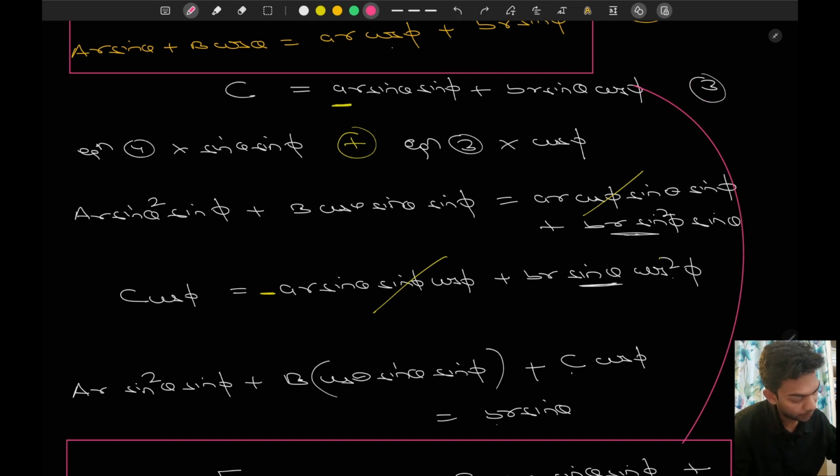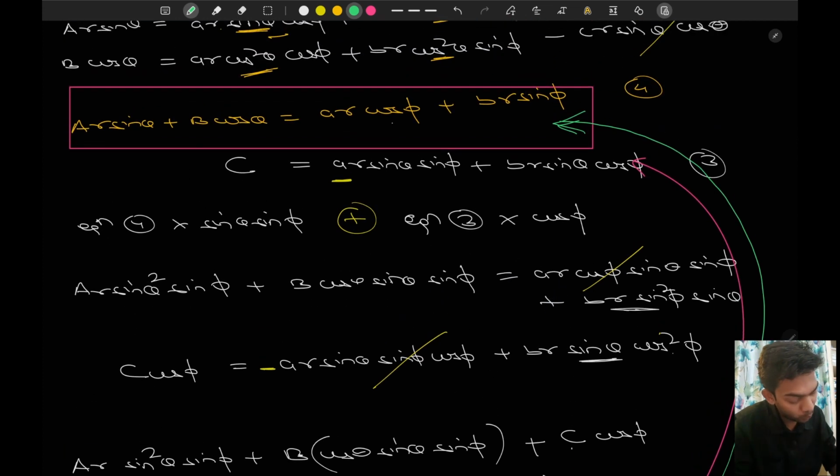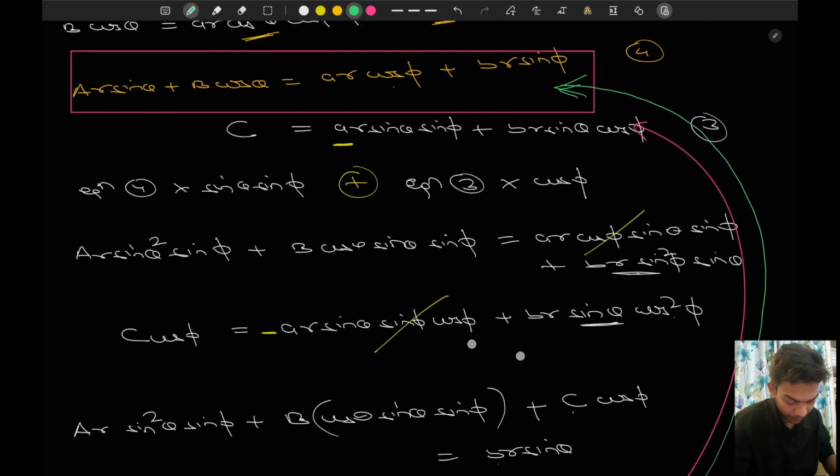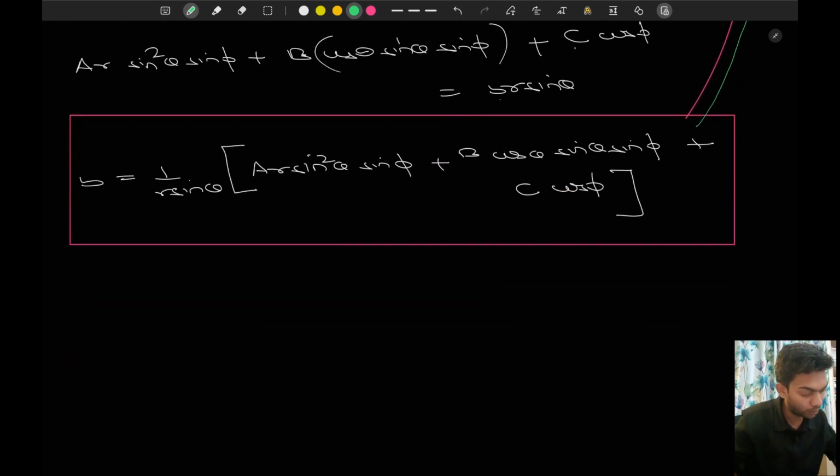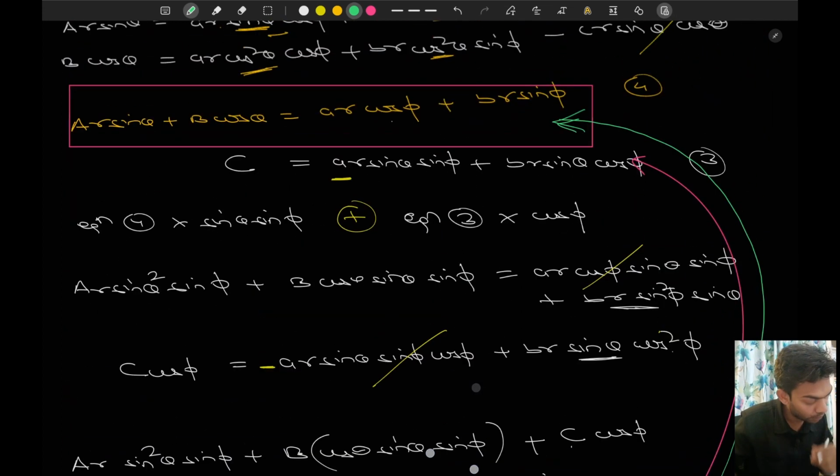Either one of the equations you can plug the value of b into, and then what you will get is small a in terms of capital A, capital B and capital C. So that's what we want to do. So I will plug it in equation number, let's say which one should I choose? Let's say 4.